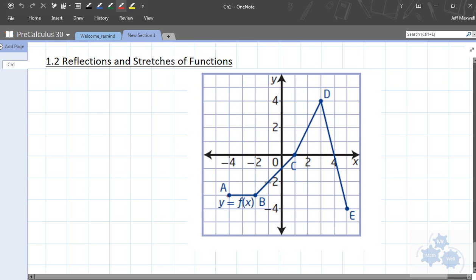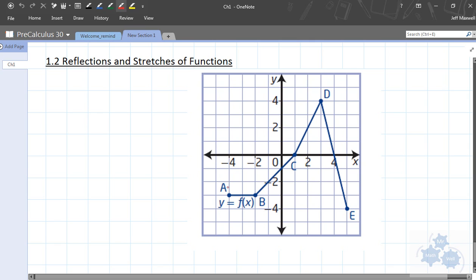So if we have this graph right here, I am going to ask you, what does this graph look like if we flip it about the x-axis? So that is a vertical flip, okay?